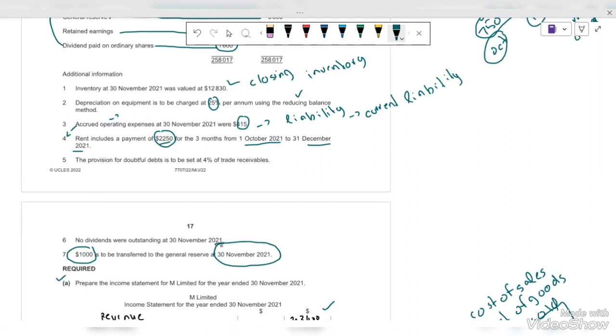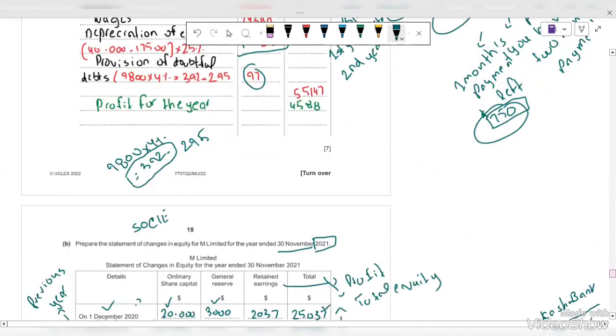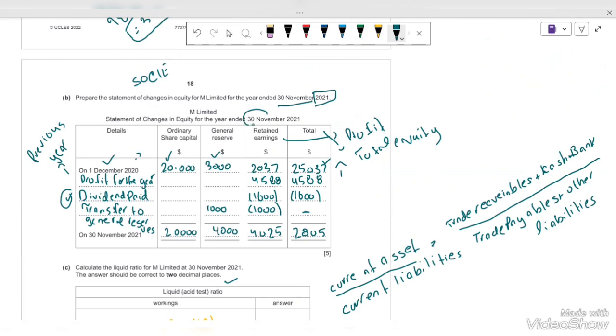So it is basically for this year. So that is why we are putting this amount into general reserve for this year's statement of changes in equity. The transfer to general reserves was 1,000.